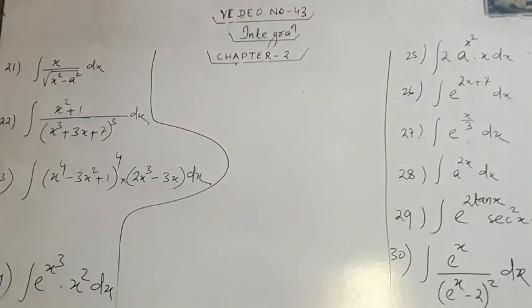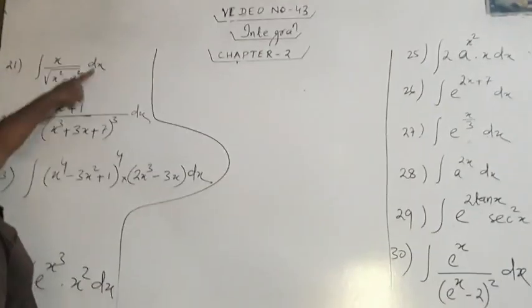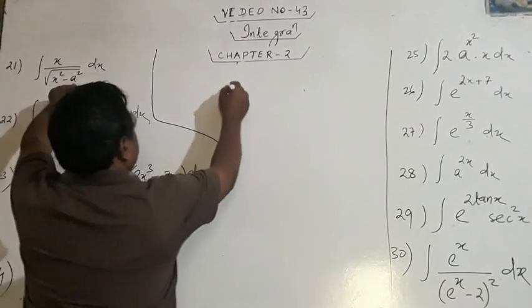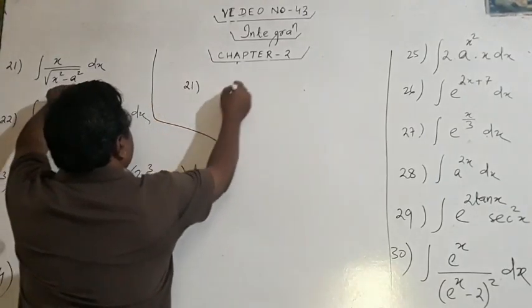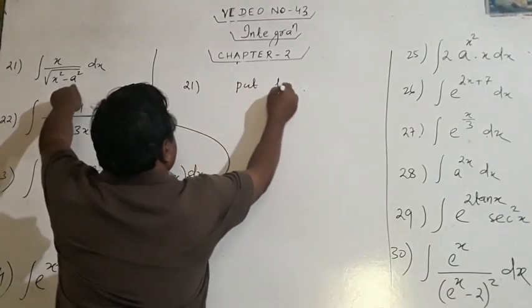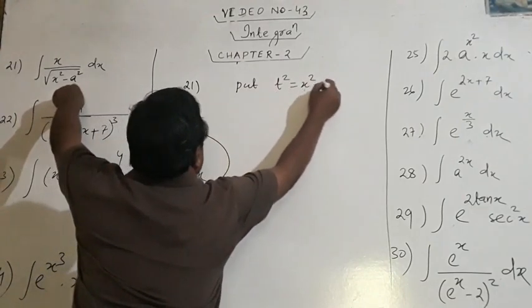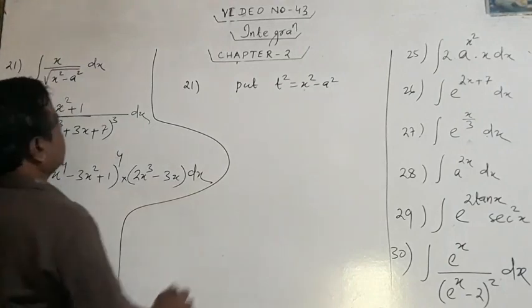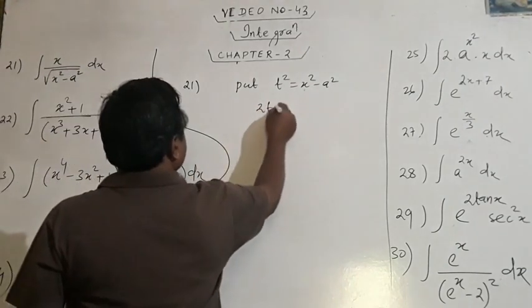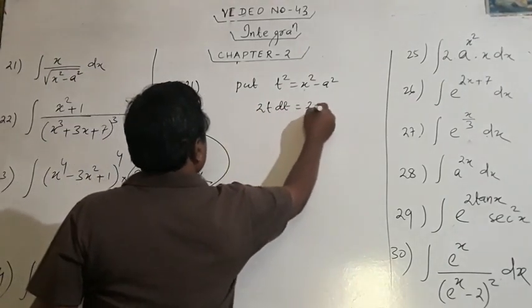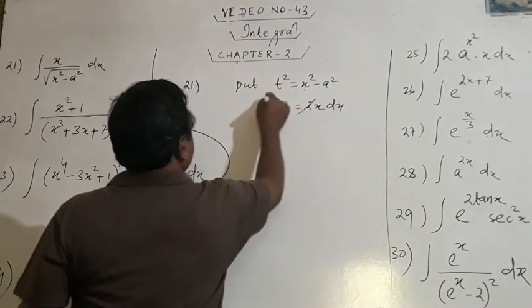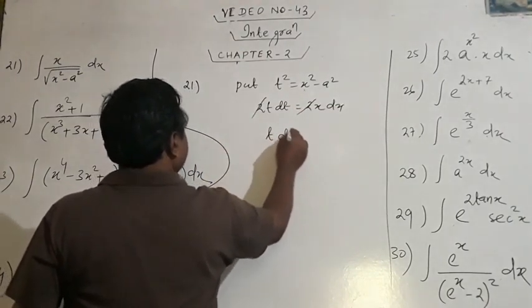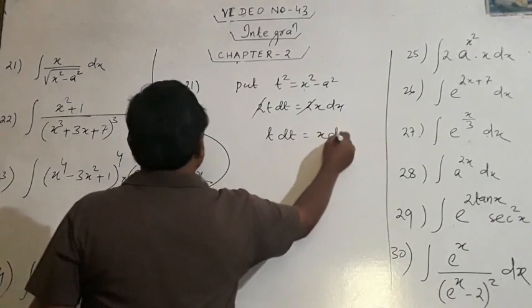Look at question number 21. It is the integral of x dx by square root of x square minus a square. So for 21 you have to put t square is equal to x square minus a square. As its derivative is x, 2t dt is equal to 2x dx. Now they cancel. So t dt is equal to x dx.